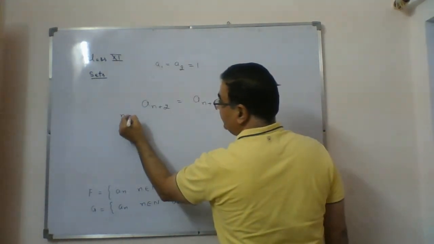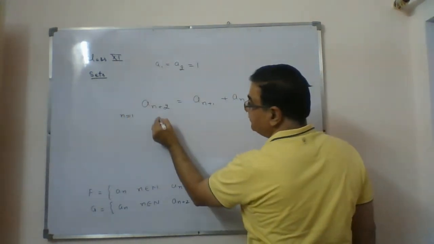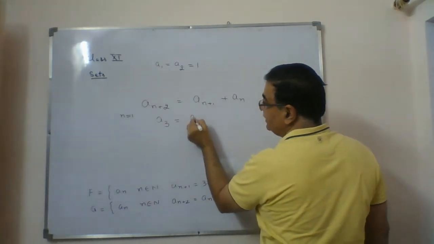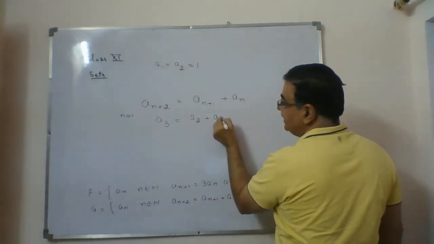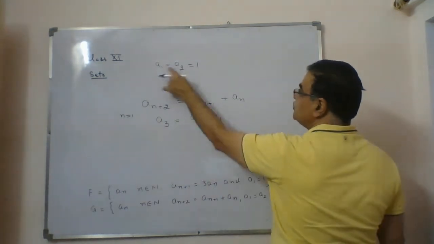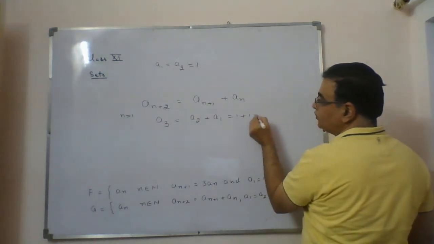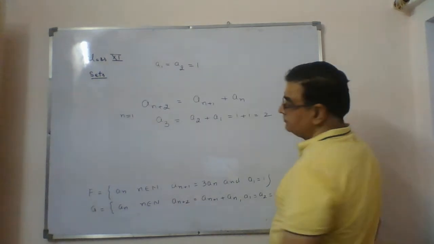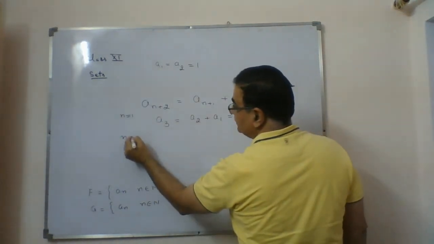So when you put n as 1, what will this come? a3 will be a2 plus a1. And a2 plus a1, what are they? 1 plus 1, comes out to be 2. Then I take n as 2.